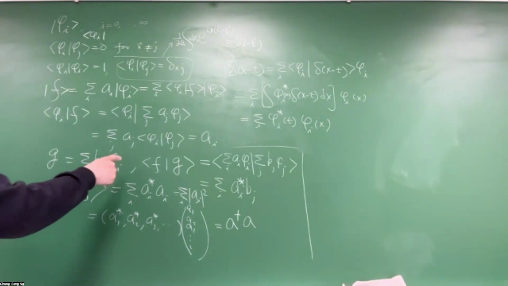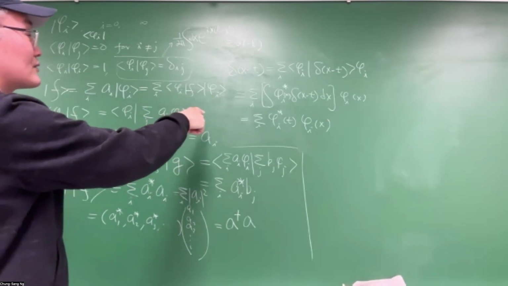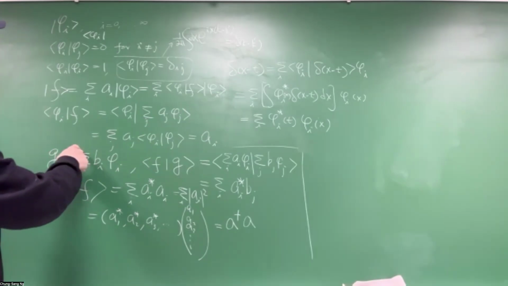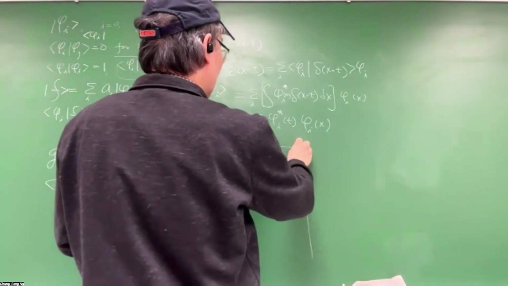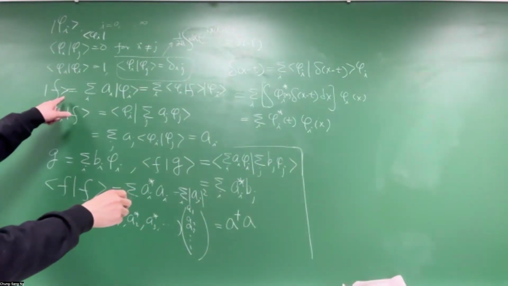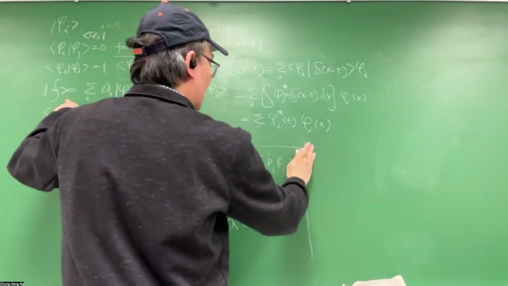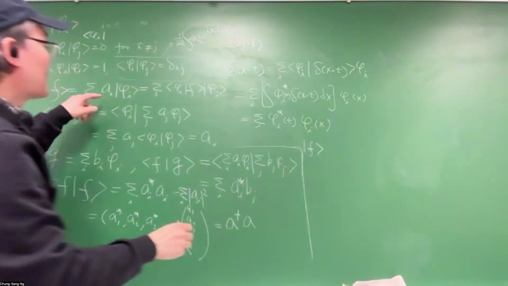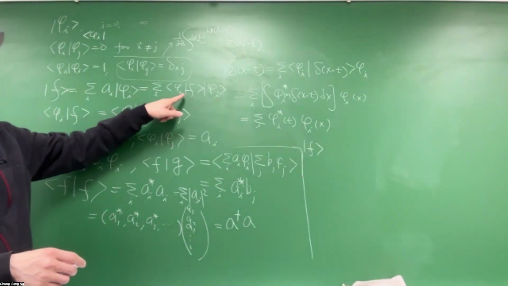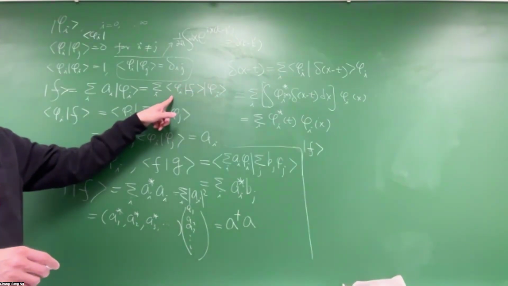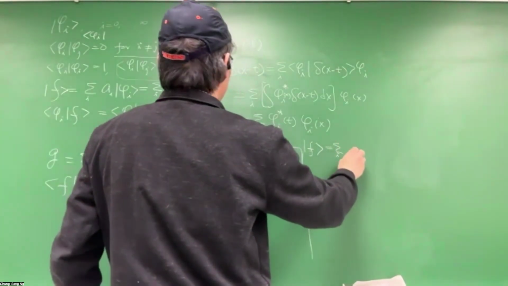The only thing different is that for any f, we continue with this one, but reverse the order. Because this is just a number, you can write this vector multiplied by that number, just reversing the order.